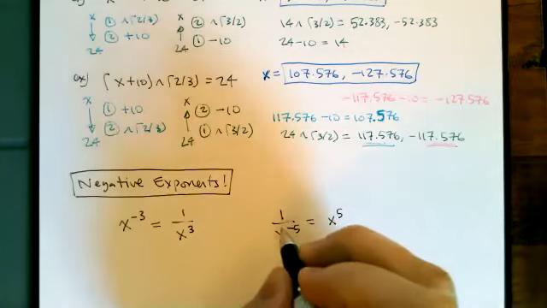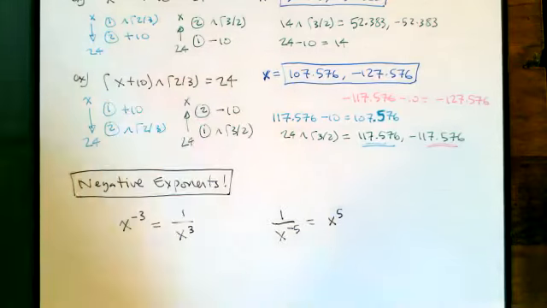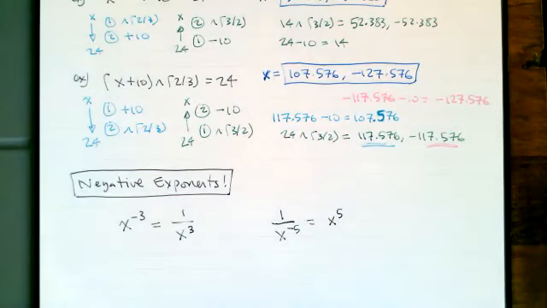So this might be new to some of you, and that's okay. It's secretly not really new. So negative exponents move things from the top to the bottom or from the bottom to the top. Negative exponents move a numerator to the denominator or a denominator to the numerator.